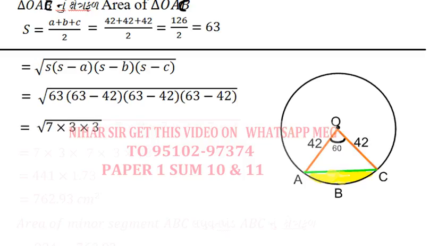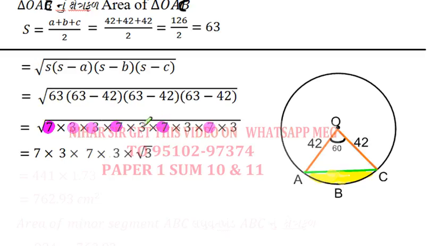Now I have broken 63 into its smallest parts: 7 threes are 21, 3 times 21 is 63, or 3 times 3 times 9, 7 times 9 is 63. Then 63 minus 42 is 21, and the parts of 21 are 7 threes, the same, 7 threes, the same, 7 threes. Now whichever forms a pair comes out of the root. So this seven has come out. Now 3, so this three comes out. So this 7, so this seven comes out. Now 3, so this three comes out, and this 3 is alone, it has no companion, so it will remain inside the root sign.